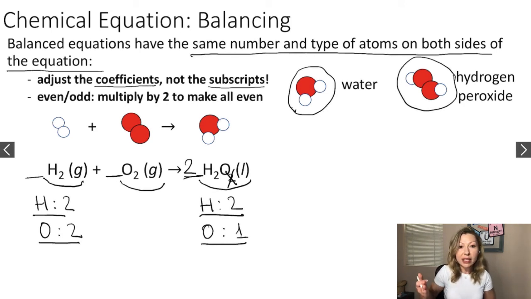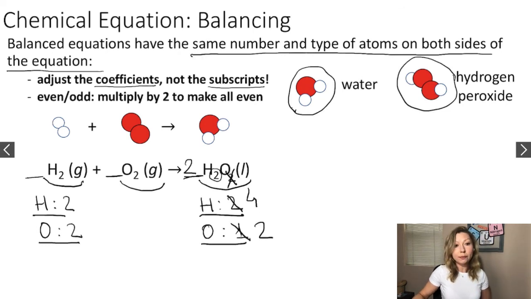This simply means that every single atom in that molecule will be multiplied by 2. So now 2 times 2 for the hydrogen atoms is going to give me 4. And 1 times 2 for the oxygen atom is going to give me 2.